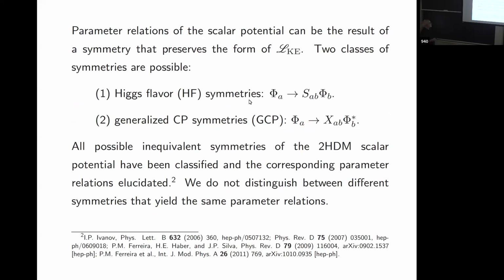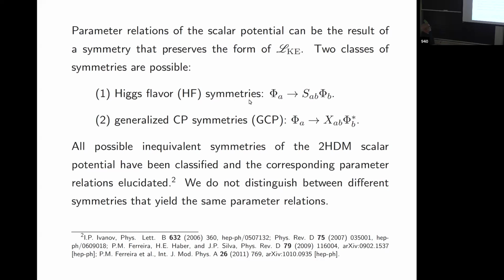There are basically 2 classes of symmetries. One is called Higgs flavor symmetries. If you have a two-Higgs-doublet model, it's like having 2 flavors of scalars, and then you can have some unitary transformation like so. If the Lagrangian is invariant under that, that's a Higgs flavor symmetry.